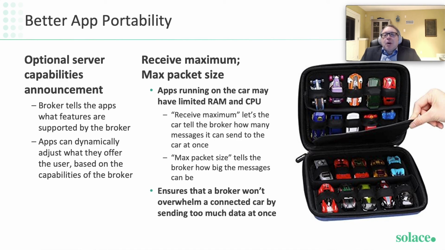But next year's model year might have a new computer with more RAM and more capabilities. So next year's car might advertise a bigger max packet size or a bigger receive maximum to optimize communications with that car. It's a very powerful capability for the devices to tell the broker what they are capable of accepting.